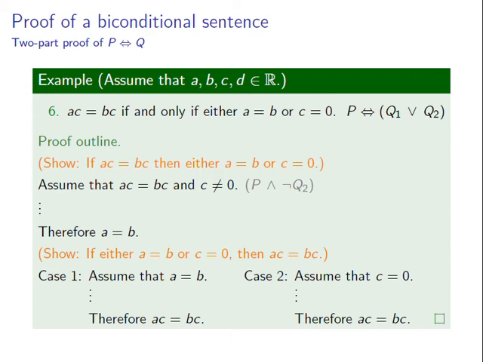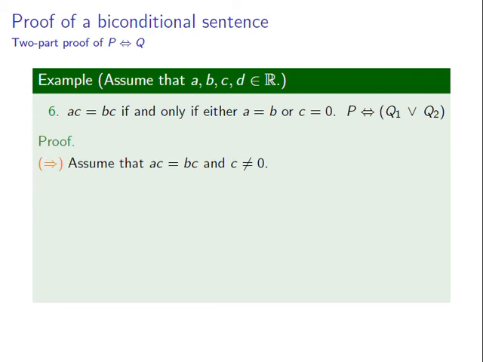Thus, a direct proof consists of two cases. In the first case, we assume that A equals B and deduce AC equals BC. And in the second case, we assume that C equals 0 and deduce AC equals BC.